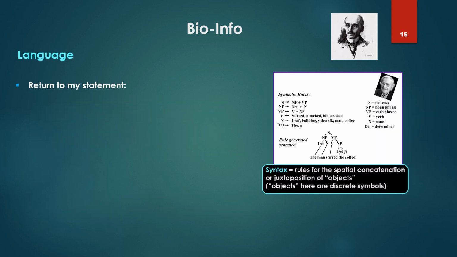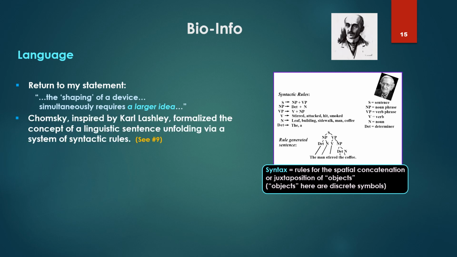To my statement, the shaping of a device simultaneously requires a larger idea. Now, Chomsky, inspired by Karl Lashley, formalized the concept of a linguistic sentence unfolding via a system of syntactic rules. Remember, we noticed syntax simply means rules for the spatial concatenation or juxtaposition of objects. Objects here being discrete symbols.